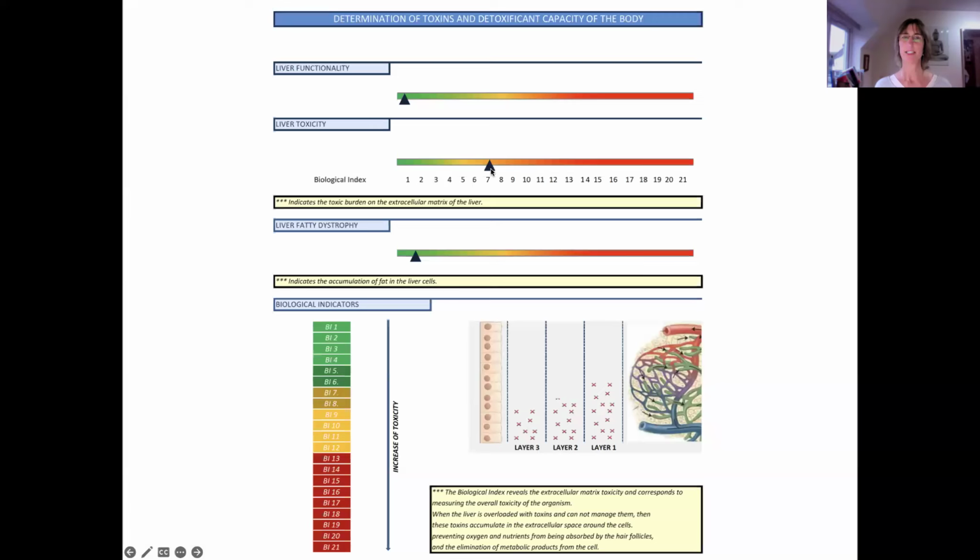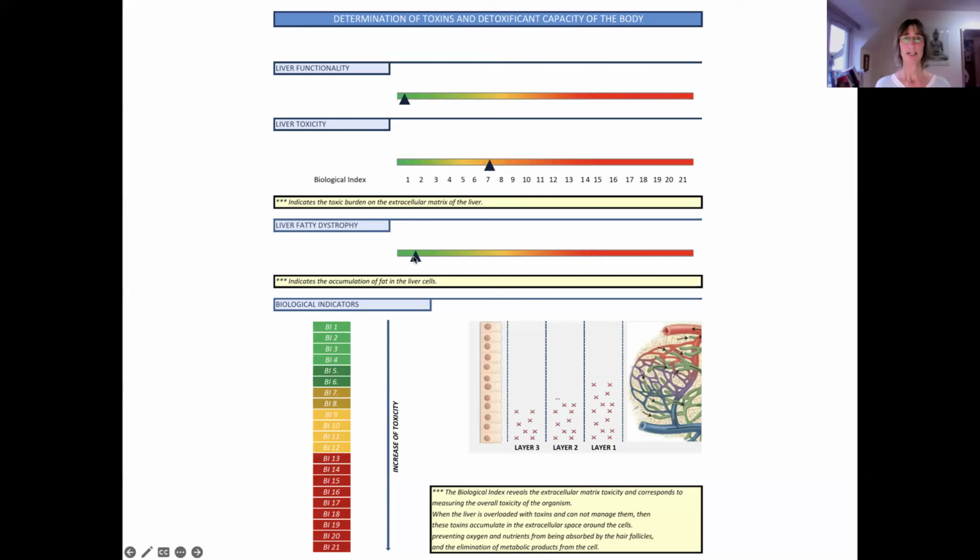And then we look at toxicity. So when I first got involved with bioresonance and had this scan, I had some toxins. They weren't too bad in my liver. Obviously, the younger you are, the less toxins there'll be, and generally the older you are, the more toxins there are. And of course, if you've had quite a toxic life, if you've spent a life on different drugs, living in an environment, an area that's environmentally polluted, etc., your liver may be dealing with more toxins, and this arrow may be higher along the scale.